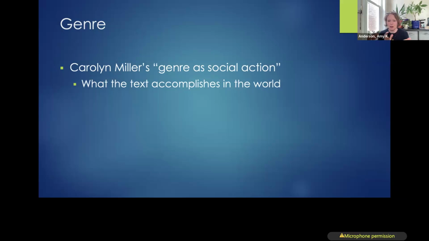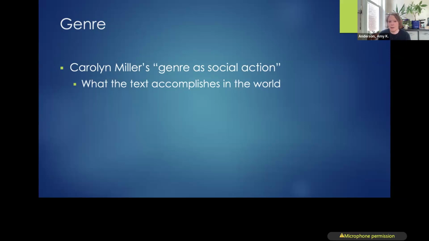What sorts of things does it go out and do, and how do we create texts that accomplish that same sort of social action over and over? When you're faced with that same rhetorical situation, trying to do the same things, that's where the characteristics of a genre develop. So the emphasis has really been on what the text does in the world.